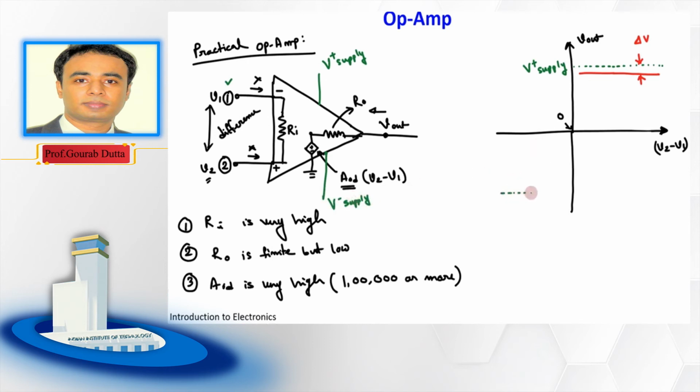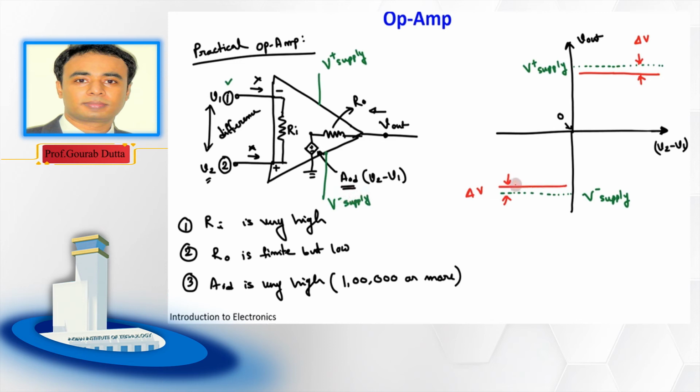If we indicate this voltage as V negative supply, the output voltage will also approach this value, again with some difference delta V between V negative supply and the output voltage.